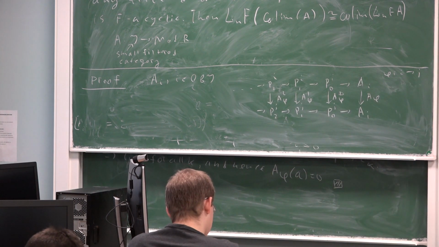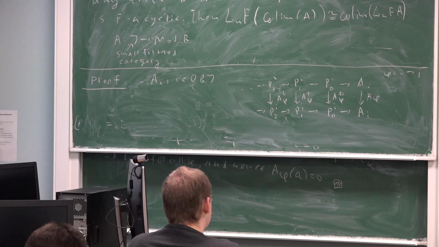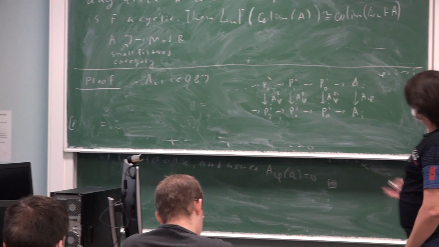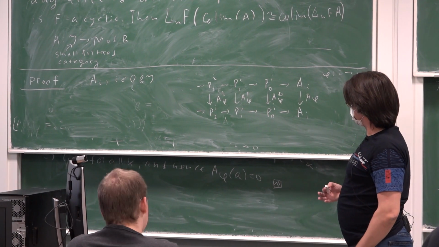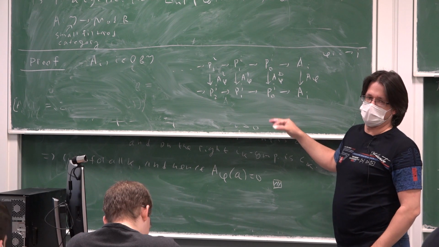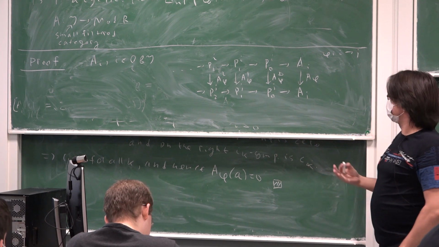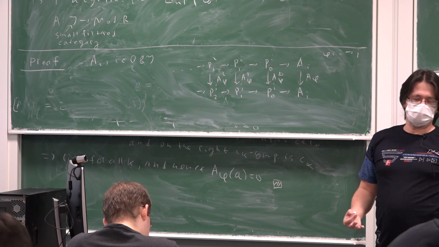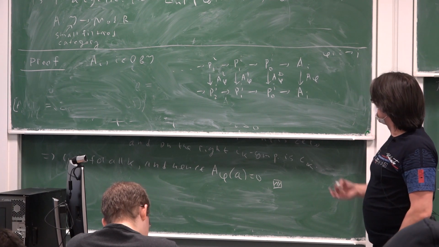But we want to lift them in such a way that we will be able to calculate colimit in each component. For this, we have to obtain functors.